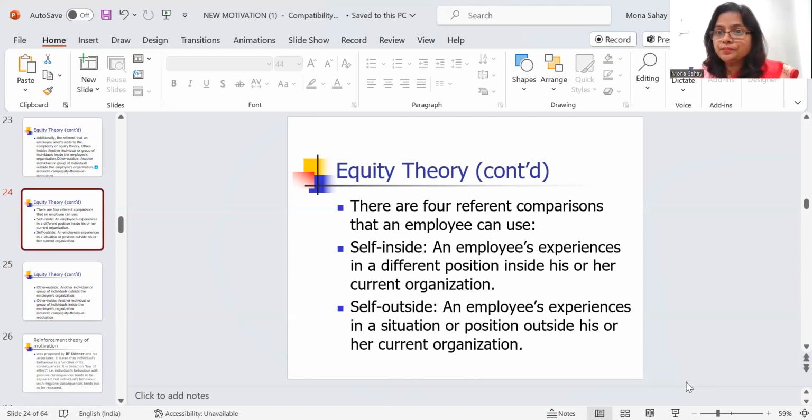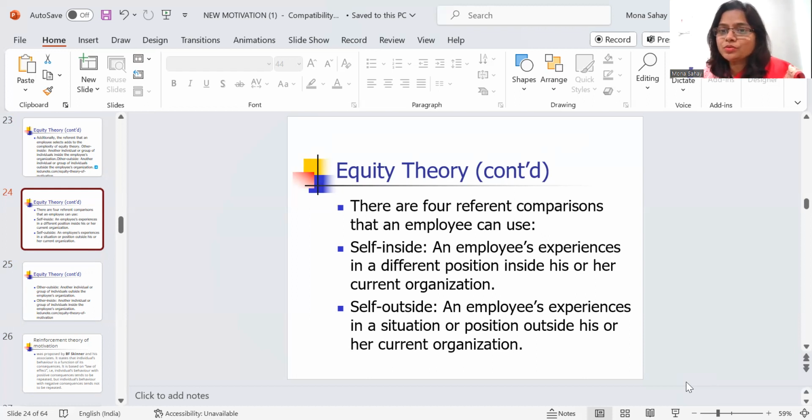One is that though it works more for those who are getting lesser salary when compared to others, it works lesser actually in situations where a person is getting higher salary when compared to others or even the same person inside or outside. So with reference to all four kinds of comparisons, it works lesser and it is less applicable to situations when a person is getting higher salary, higher wages.